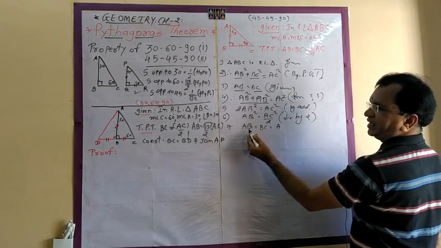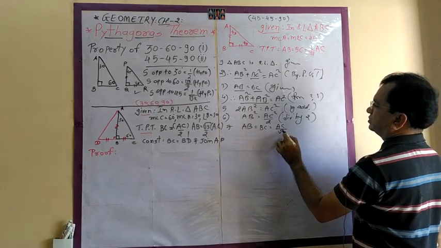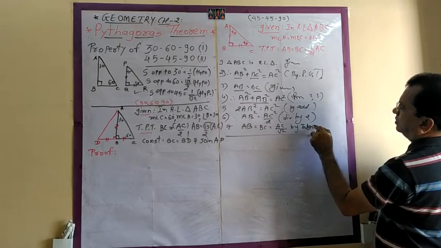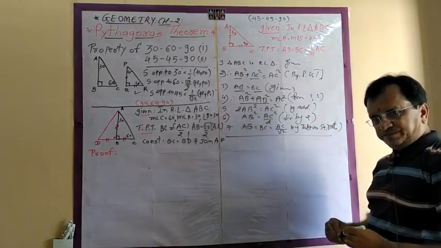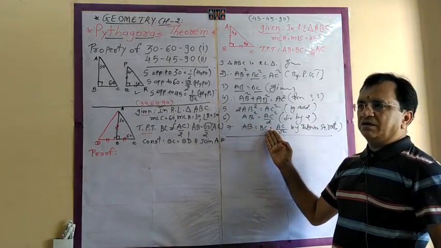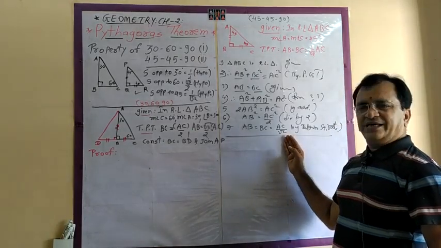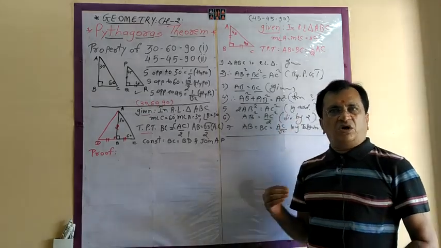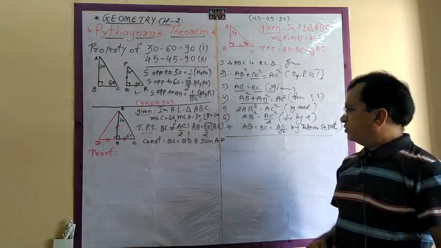Square root of AB square is AB, square root of AC square is AC, and square root of 2 means root 2. Like that you can prove AB or BC both are equal because isosceles triangle and it is a right angle triangle. So that is 1 by root 2 of hypotenuse, or hypotenuse divided by root 2, that also you can say.